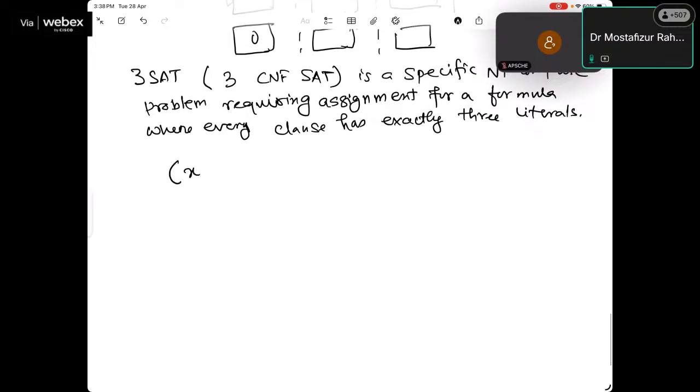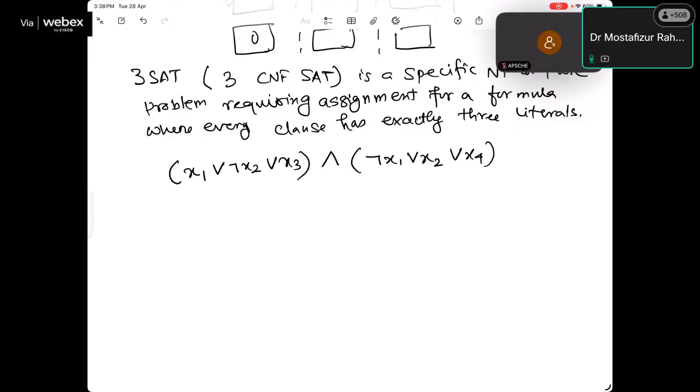Suppose you have a logic x1 or negation x2 or x3. This is the first clause, and there is a second clause, either x1 or x2 or x4, right?